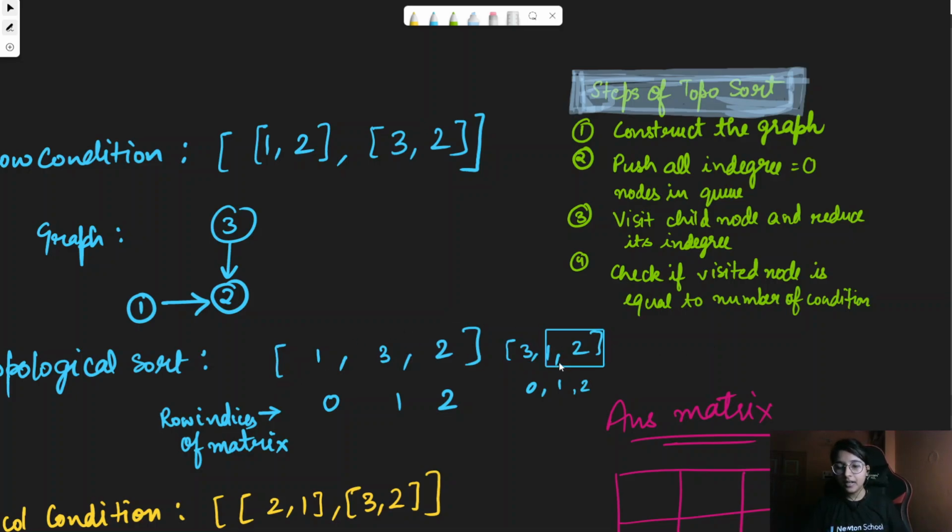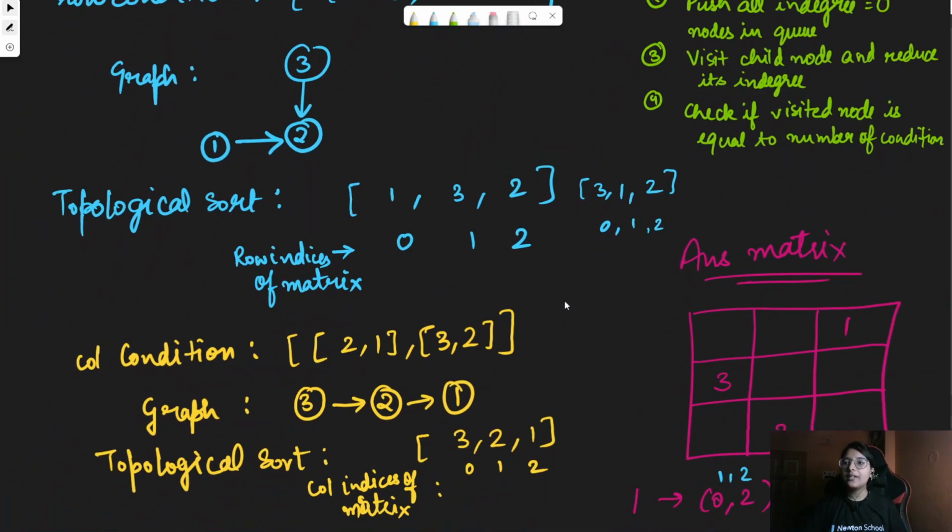And if the listed node count is not equal to the number of conditions, then we will return an empty matrix. That is what we are required to do, as per the question. In the question they have mentioned that we have to return either the answer or an empty one. So this is all that corresponds to topological sort, and that's how this topological sort corresponds to this particular question.